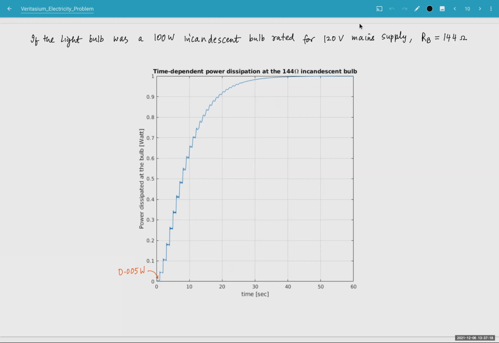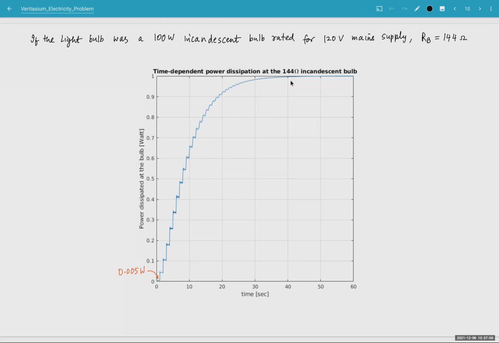But this bulb is not the right bulb, because eventually it will saturate at 1 watt, which is the maximum wattage you can dissipate. That is hardly any power dissipation for a bulb to even be seen lighting, though you might see some light output after a few tenths of a second when it reaches this value.